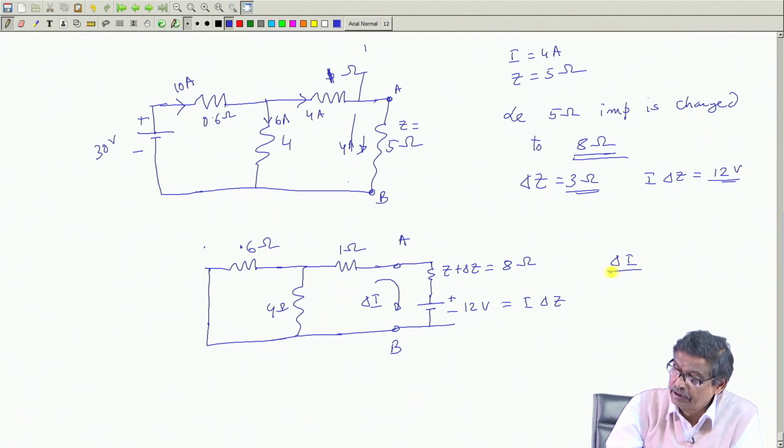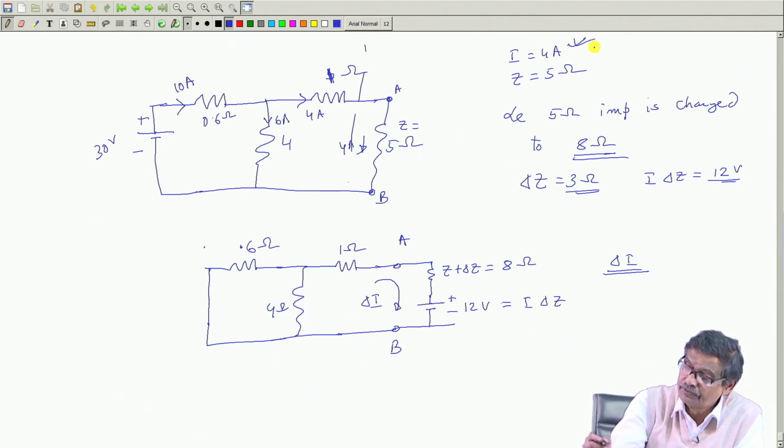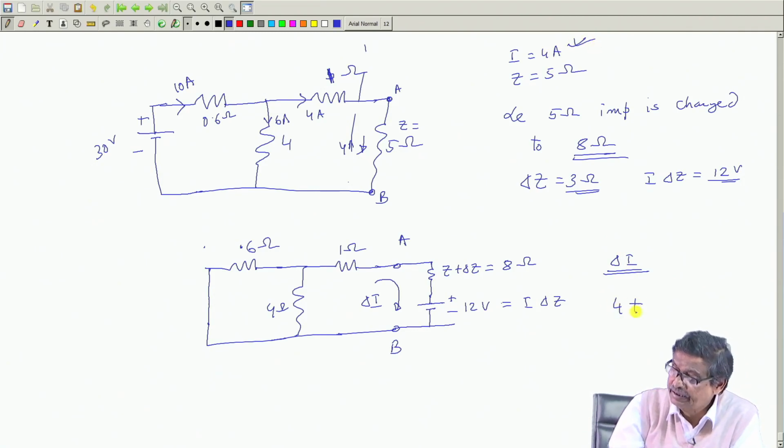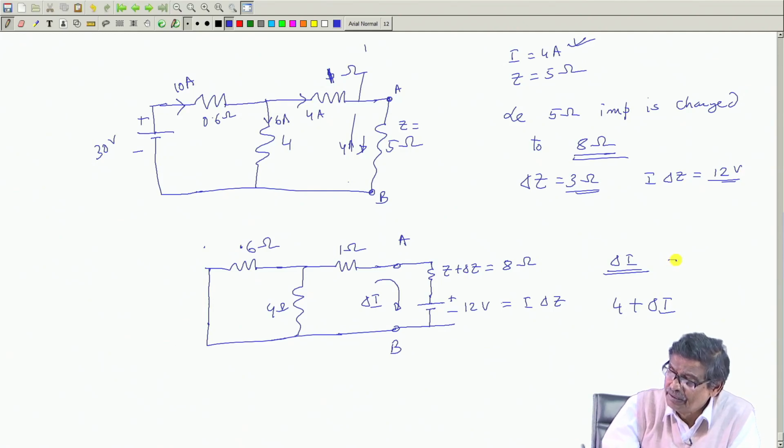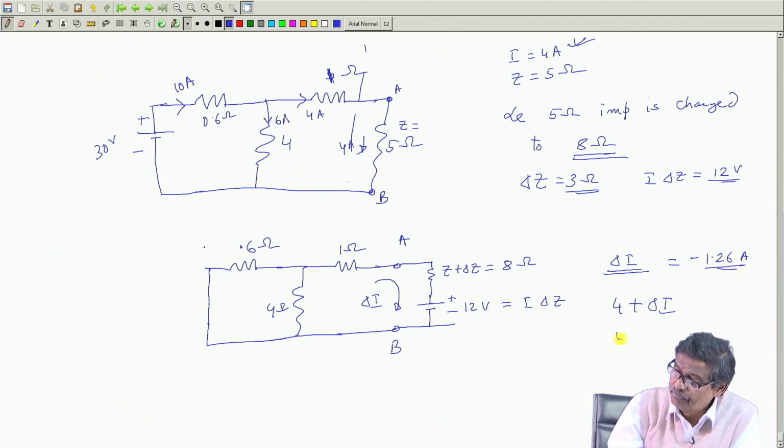So, after you calculate delta I, then add to this initial current of 4 ampere to get the new current. Delta I is minus 1.26 ampere. So, it will be 4 minus 1.26 ampere.